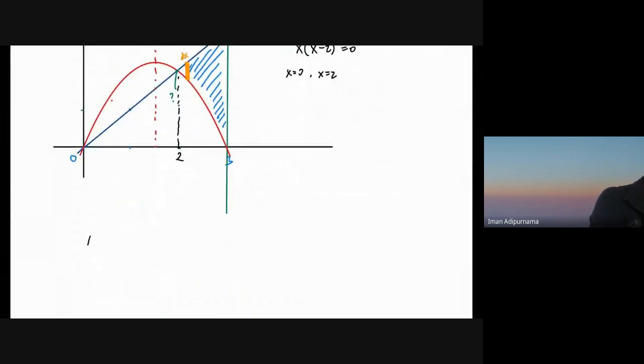So we have the area from 2 to 3 of x minus the curve, which is 3x minus x squared, and then the x.